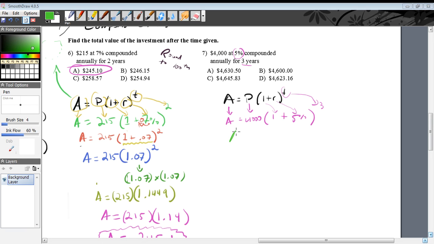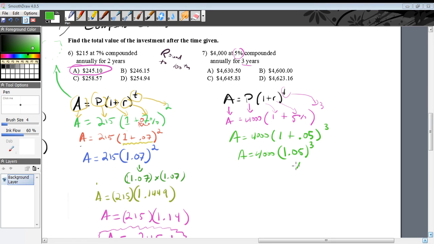Okay, now I'm just going to rewrite this with the percentage as 0.05, to the third. We're going to do parentheses first. So 1 plus 0.05 is just 1.05. Notice how I'm going to do this one step at a time so I don't miss anything.